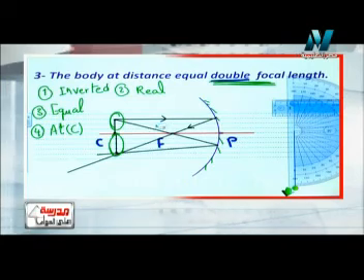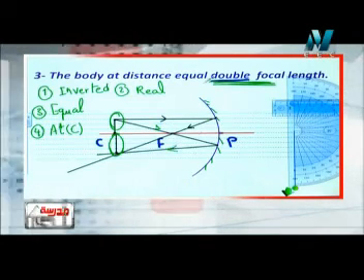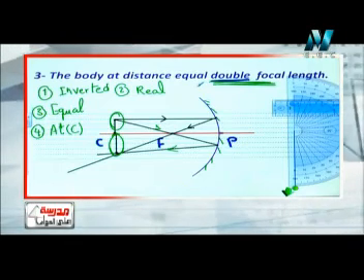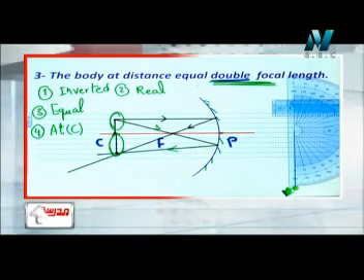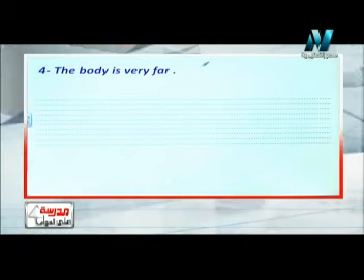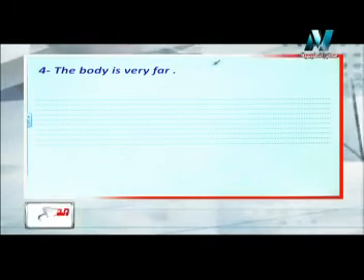Using the first and second rules, we draw the image and its properties. We have another one. Here the body is very far. We need to know the position.